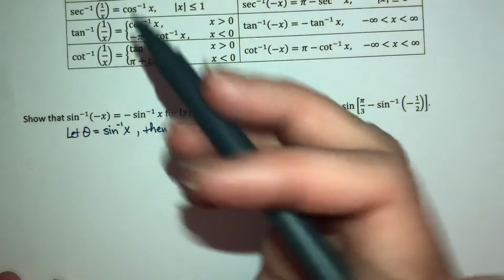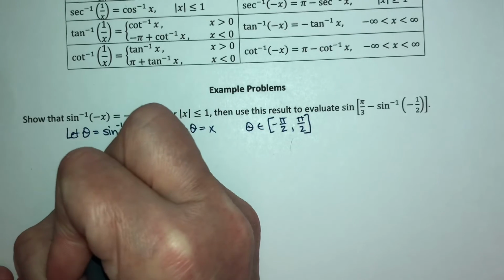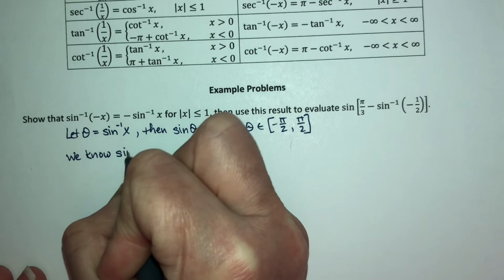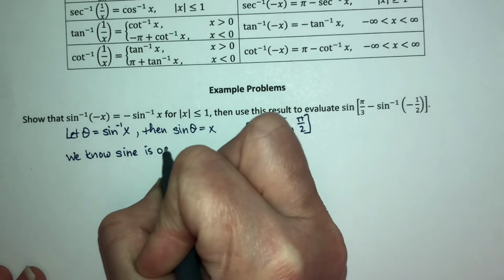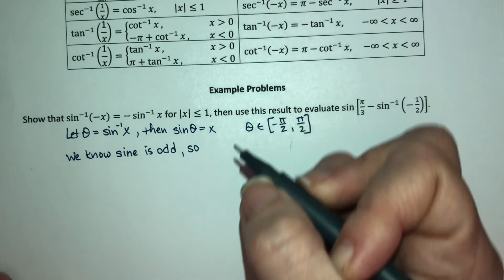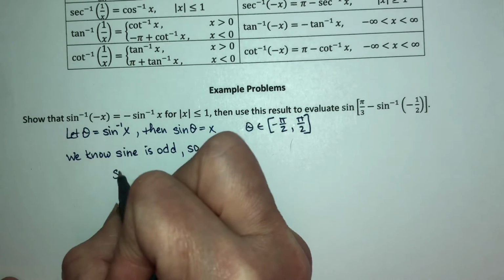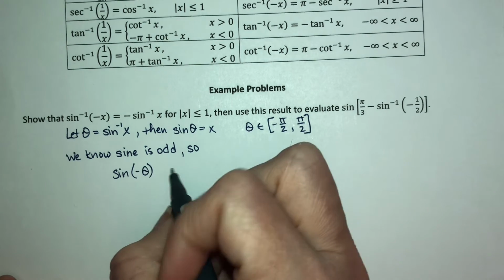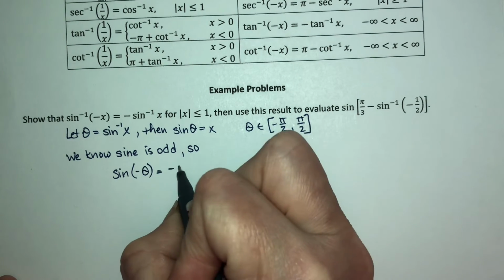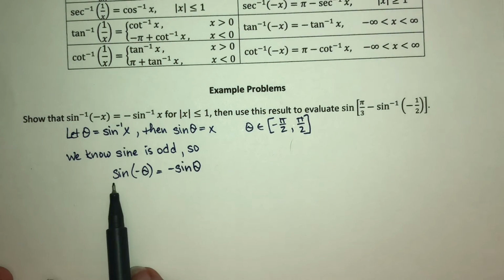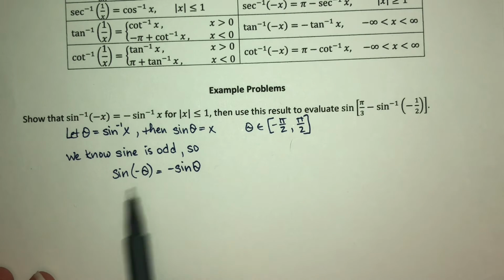Now, we know sine is odd. So if I find sine of negative theta, this is equal to negative sine of theta, by the fact that sine itself is an odd function.